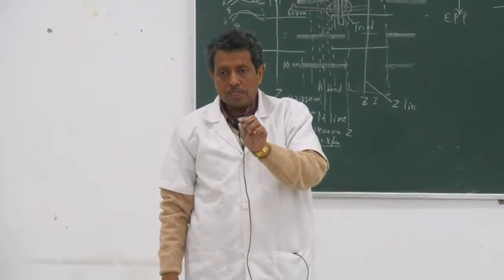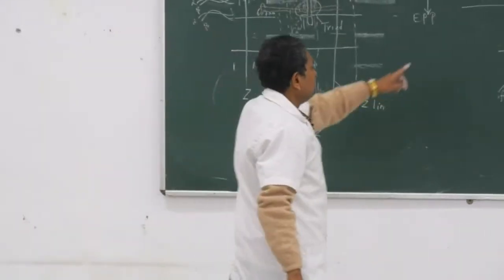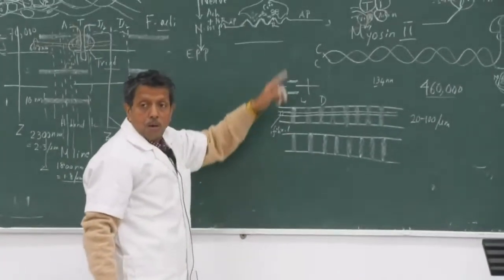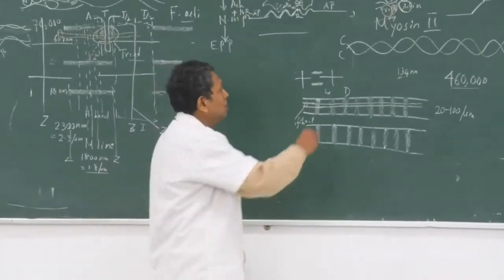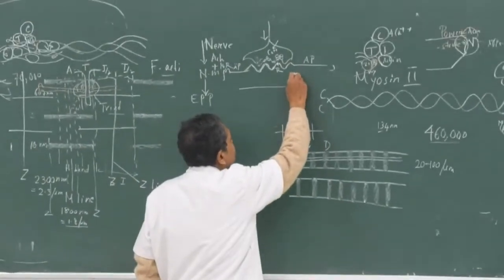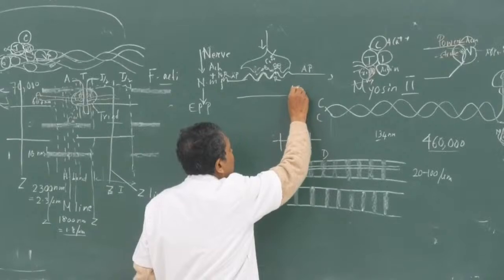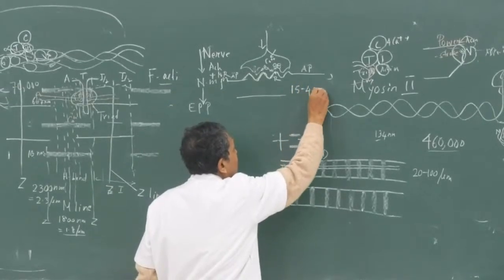In the neuromuscular junction, there are innumerable receptors. Suppose in a good text it is written, it is 15 to 40 million receptors.